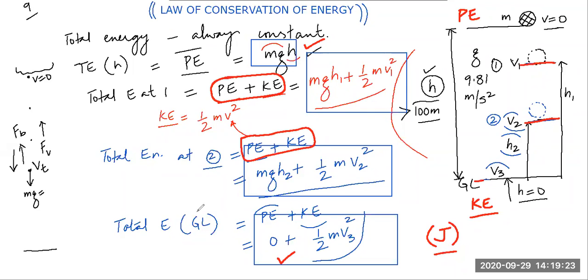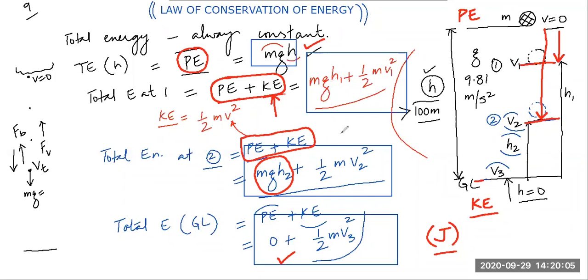So you see, the energy is getting transformed. First it was total potential energy at the top, no kinetic energy. When it dropped down this much, some part of potential energy decreased because height decreased and kinetic energy increased. When it dropped by the height h2, potential energy further decreased. mgh2 will be less than mgh1 and mgh1 will be less than mgh.